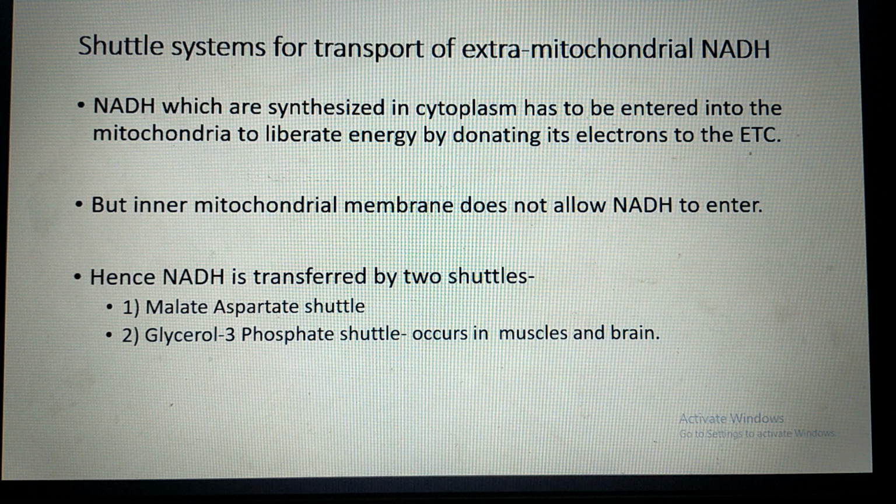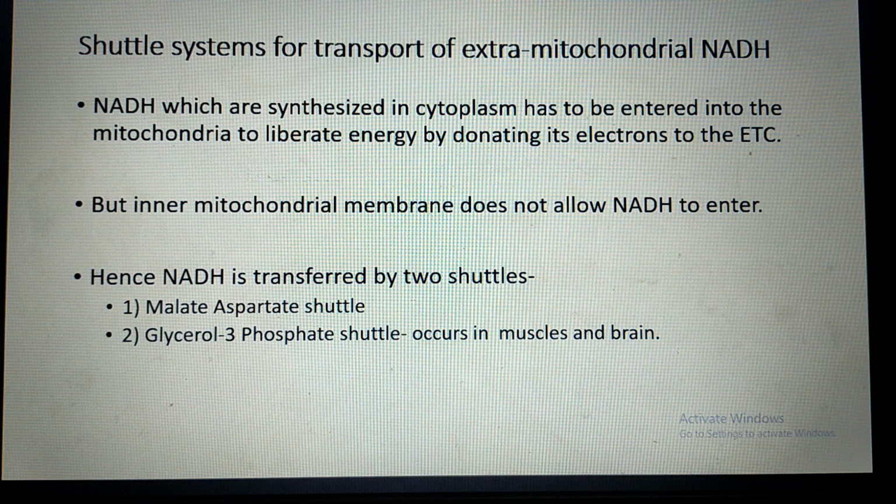So all this occurs in mitochondria, but there are some cycles like glycolysis where NAD is converted into NADH in the cytoplasm. Now when this NADH is synthesized in the cytoplasm, there is no electron transport chain in the cytoplasm.